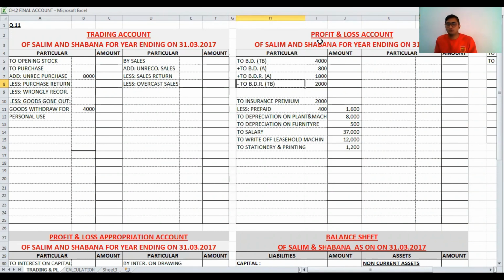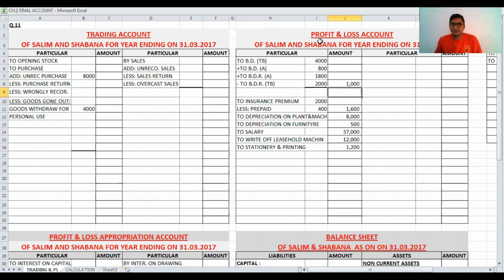So I have to write in TB. Now we have to add these three, and from the total of these three we have to deduct 2,000. So now final amount is here 4,800 plus 1,800 minus 2,000, net amount 1,000.